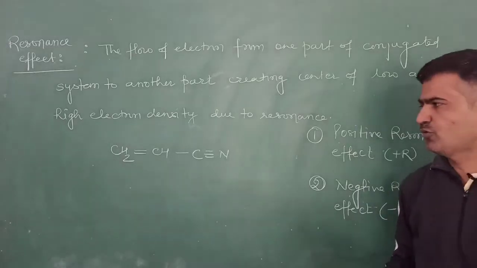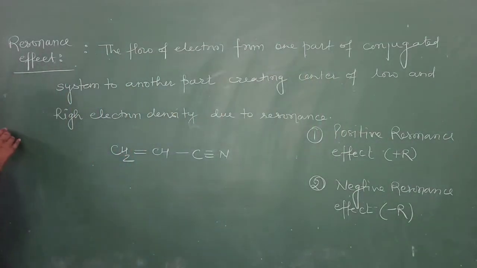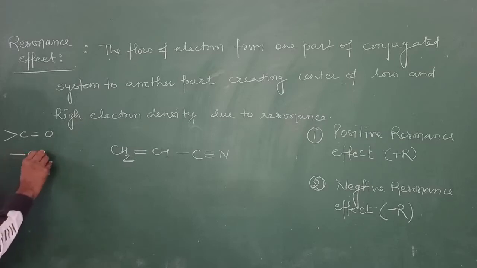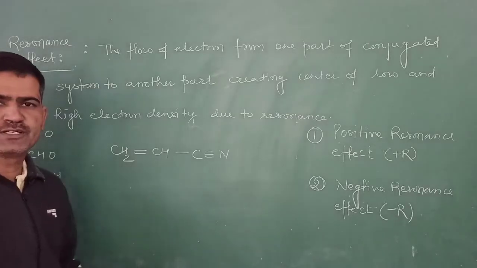These are electron withdrawing in nature. For example, ketone, aldehyde, carboxylic group, cyanides and nitro group. These are electron withdrawing in nature. They withdraw the electron from the conjugated system.